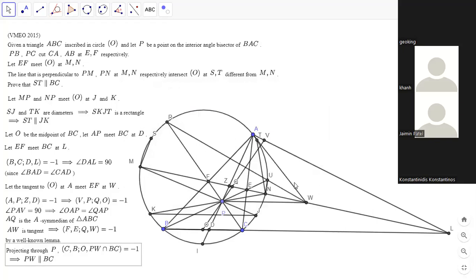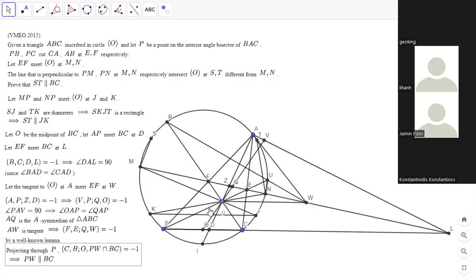Okay. Sorry, and then by an angle chase, it's not hard to show from there that PW is, so if we could show that PW is also parallel. Let me think how we want to do this. PW is also parallel to JK. Then, so we know PW is parallel to BC. Is it obvious that PW is parallel to JK?